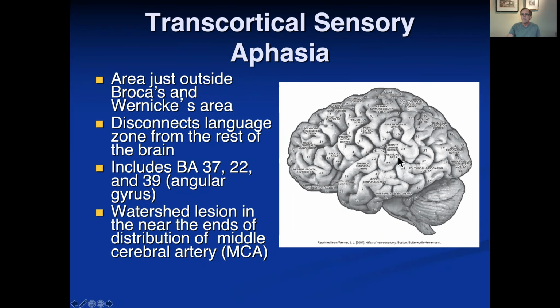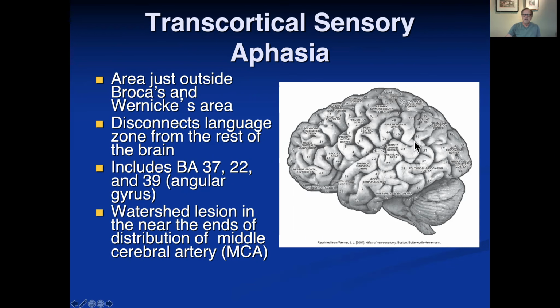It's sometimes referred to as a watershed lesion, which means near the periphery of the distribution of the MCA, out where the smaller branches are located. So where the big branches are, here, as you go out further and further, you get into smaller and smaller branches, and strokes in those areas can be called a watershed lesion.